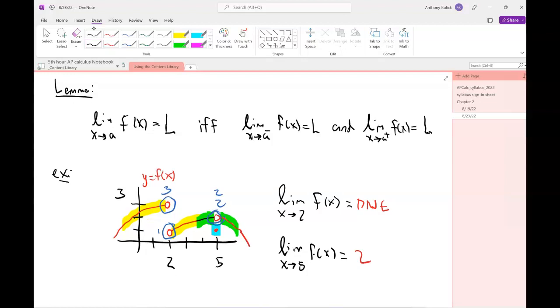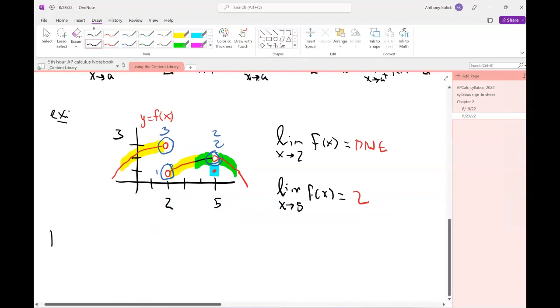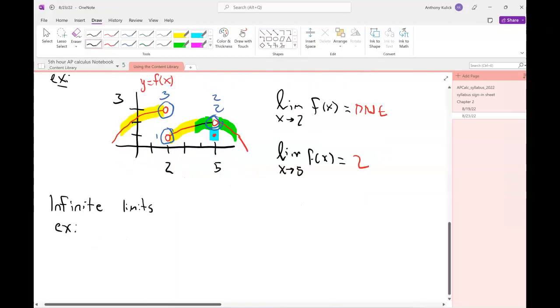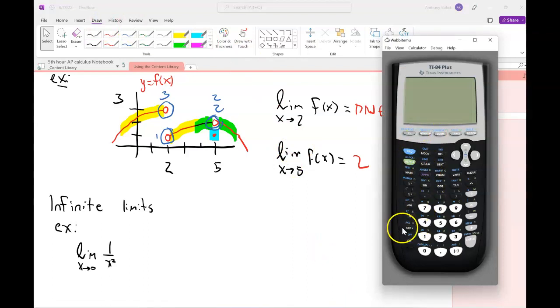The next thing I want to talk about are infinite limits. Let's look at the limit as x approaches 0 of 1 over x squared. Let's look at that in our calculator.